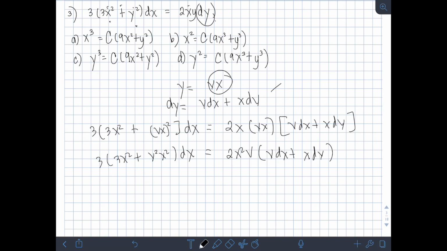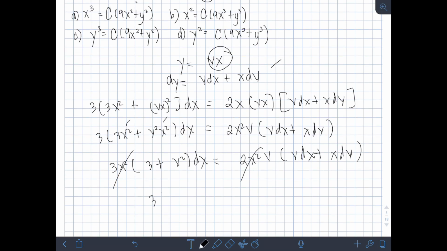So, pwede nating i-factor out itong x squared. So, magiging 3x squared times 3 plus v squared dx is equal to 2x squared v times v dx plus x dv. So, cancel dito si x squared.